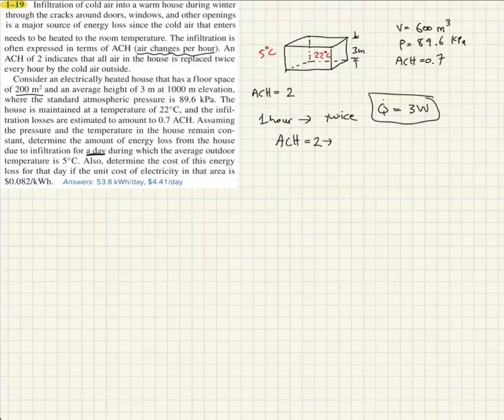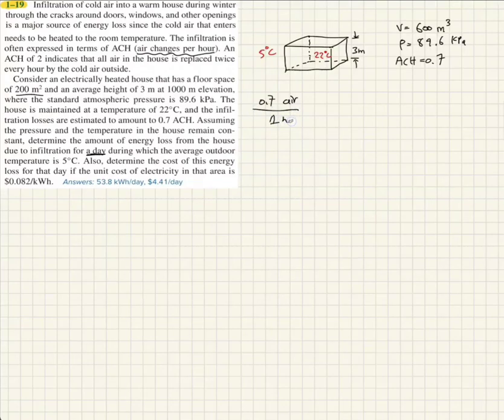And if we have an ACH of 2, it means in 1 hour it happens twice. You get the idea, right? So if only 0.7 of the air is being replaced in 1 hour, then for 24 hours, how much air is getting replaced? This is the air replaced, or air exchanged.